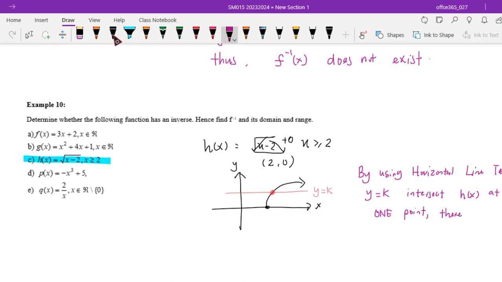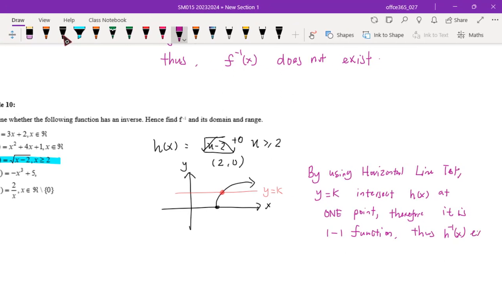Therefore, it is a one-to-one function. Thus, h inverse exists. Okay, so this is the first part.